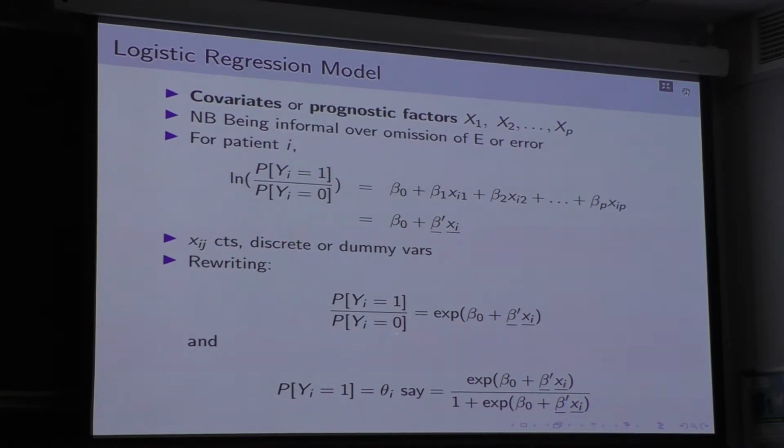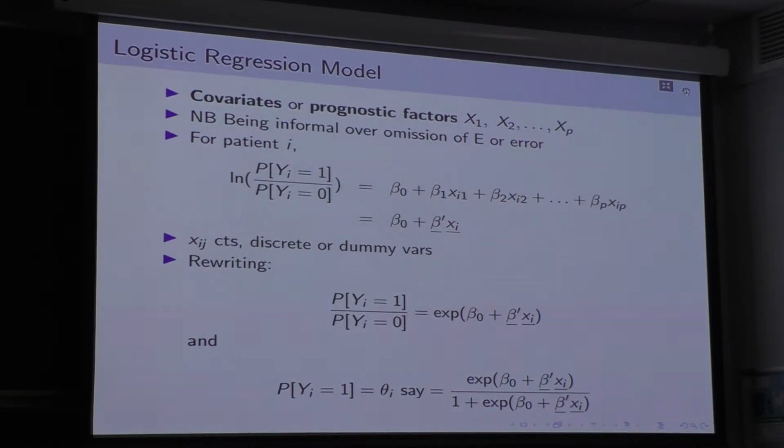And if you rewrite this, it's very often given the notation theta, so you'll often see that in the literature. Because this is 1 minus theta and this is theta, if you cross-multiply and muddle things together, you will find that if theta over 1 minus theta equals this, then theta equals this.